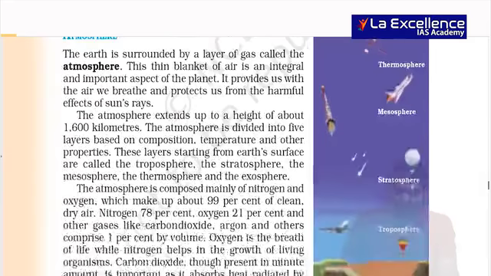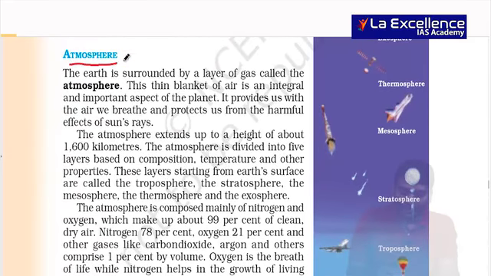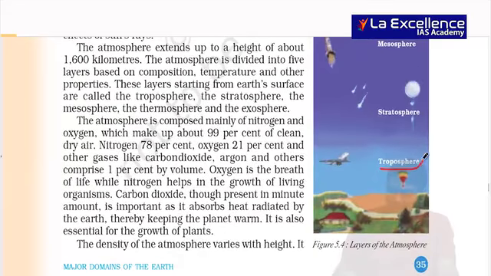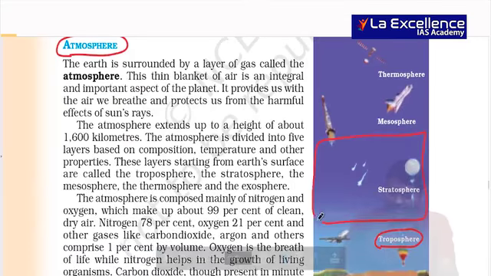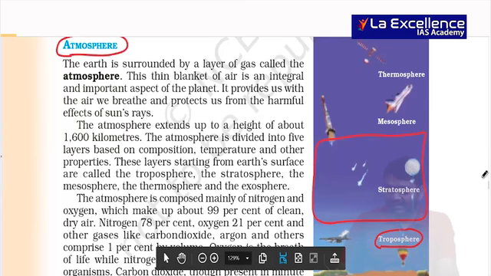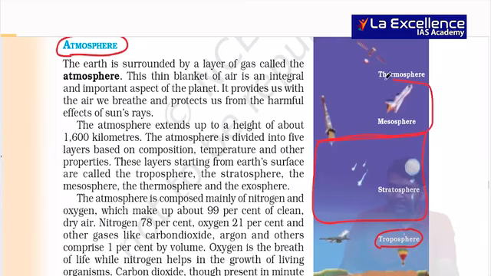Then we need to talk about the atmosphere. The bottommost layer is the troposphere, where with increasing height temperature decreases. Can you see the stratosphere? The ozone layer is present, and with increasing height temperature increases. Mesosphere, with increasing height temperature decreases. Thermosphere, with increasing height temperature increases.